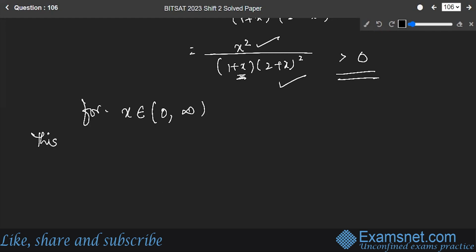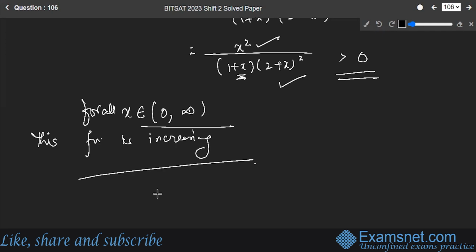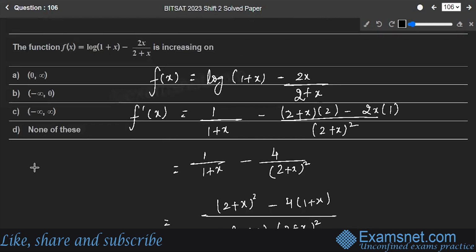For all x belonging to this interval, this function is increasing. So you have option A as the right answer. Hope you understood.